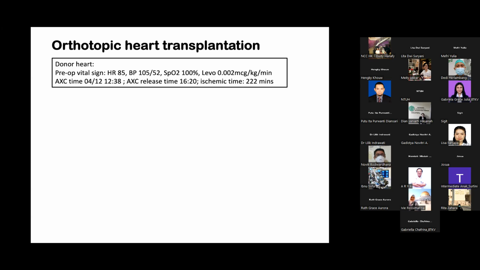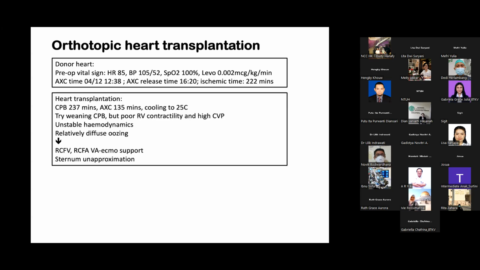But the reason we took a lot of time to do the procedure is due to the fibrosis or adhesion. This patient took a lot of time to take out the native heart, and there was adhesion at the left upper lung.